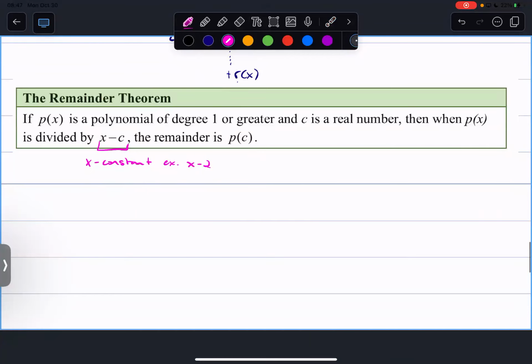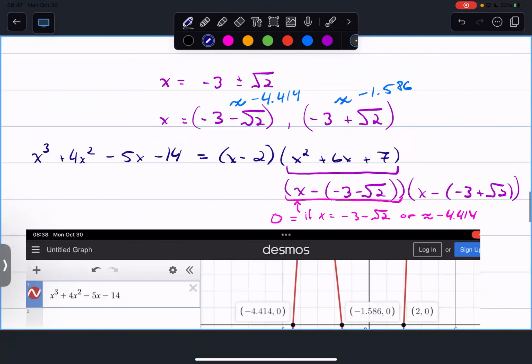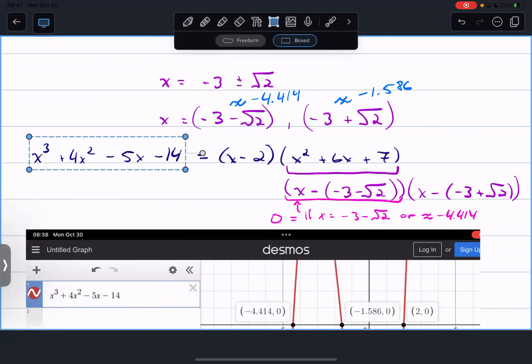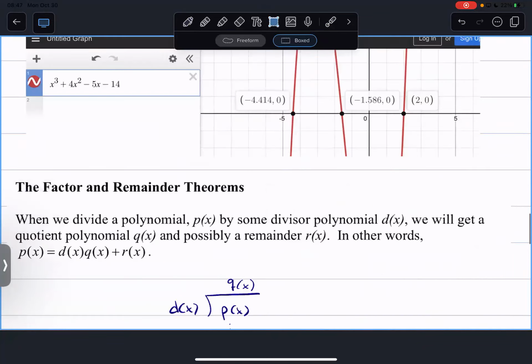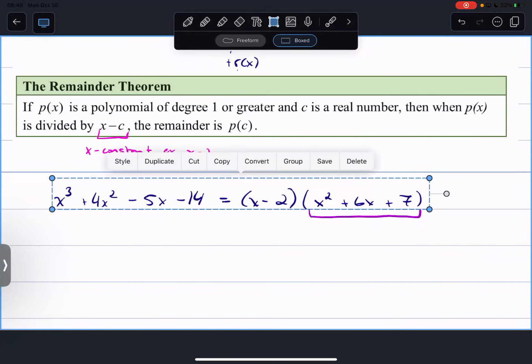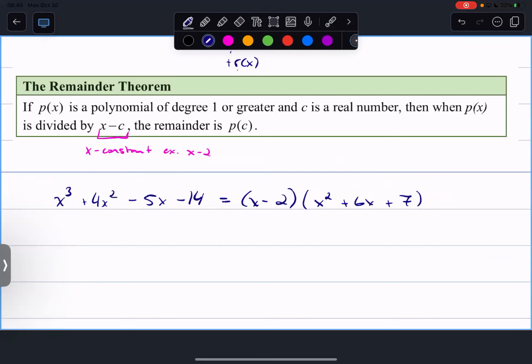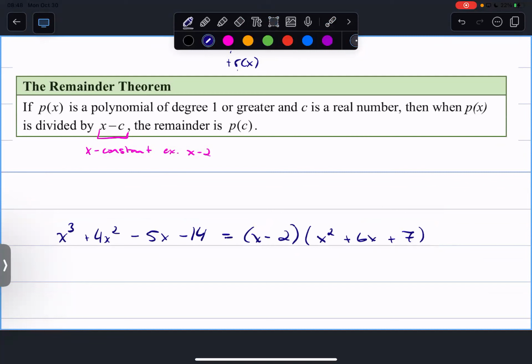Let's try it with our polynomial, which was this little guy. I'll use this nicer, cleaner version. I'll write a note first.